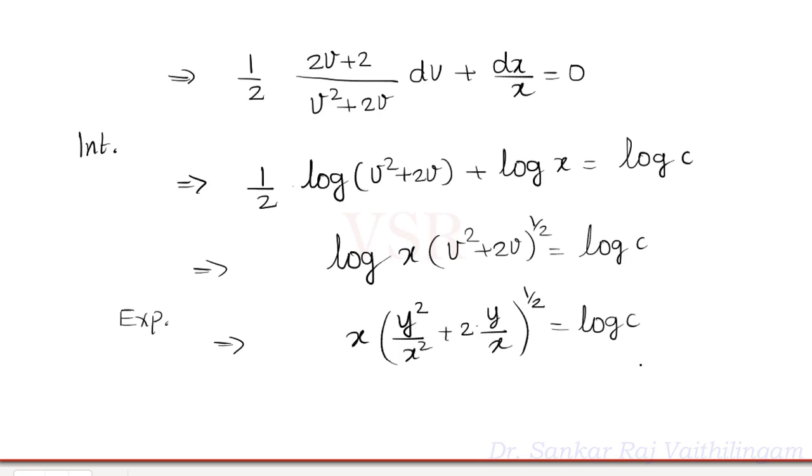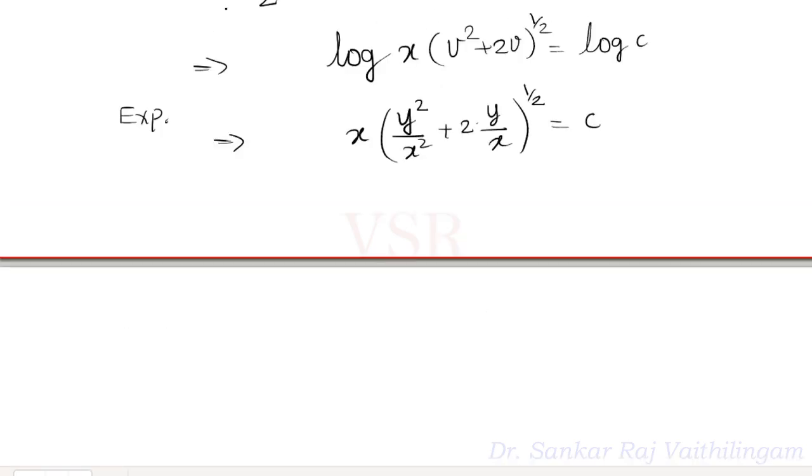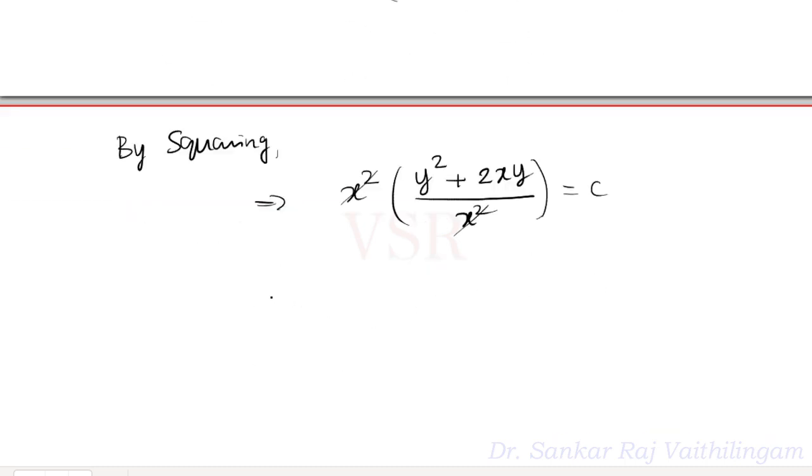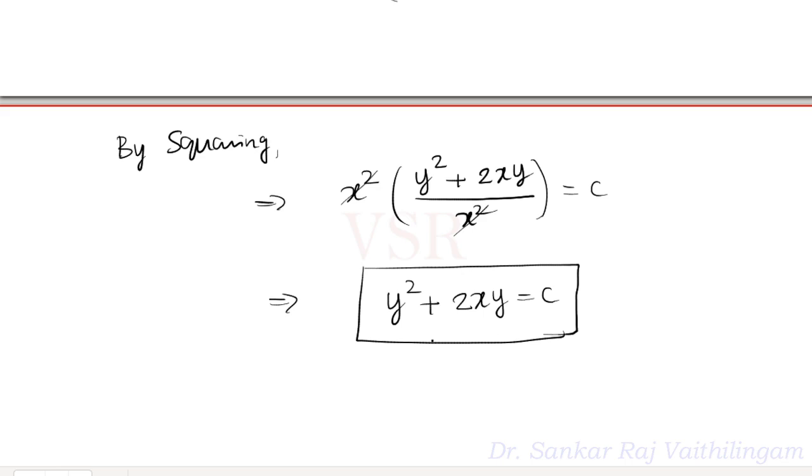Of course, it would be just c, not log c, since we took log on both sides. After this we just simplify. Squaring both sides, x square into y square plus 2xy divided by x square equals c, the root goes away and the x square cancels. So this implies y square plus 2xy equals c. This is my answer.